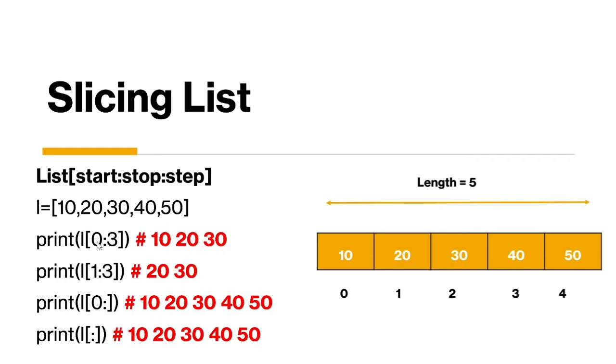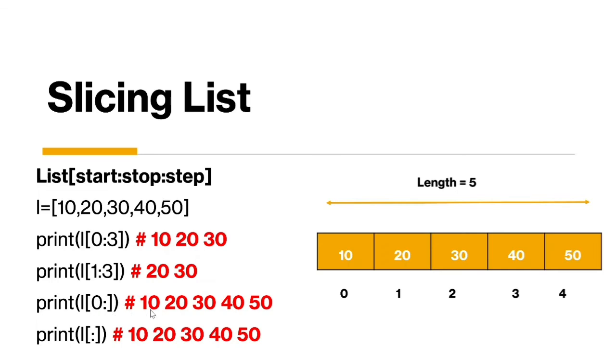When I replace 0 with 1, the starting value changes to 20 and I get 20 and 30 because I have to stop at index 2. In slicing, one thing to be noted is that the stop value is also optional. If I write only 0 and colon and skip the value of stop over here, that means starting value is 0 and go up till the end of the list.